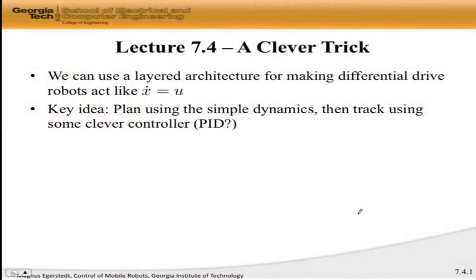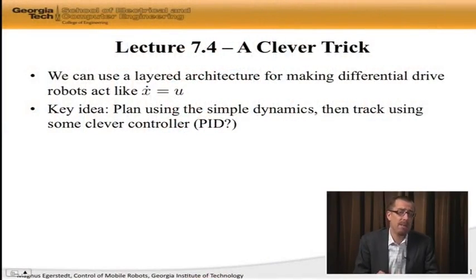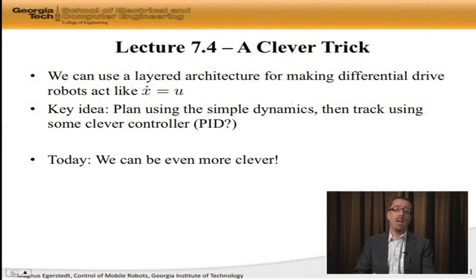Well, today I want to discuss another twist to this theme. In fact, I want to be even more clever. And there is a particularly elegant and cute way you can think about unicycles. And in general, I'm not a big fan of clever tricks for the sake of clever tricks.